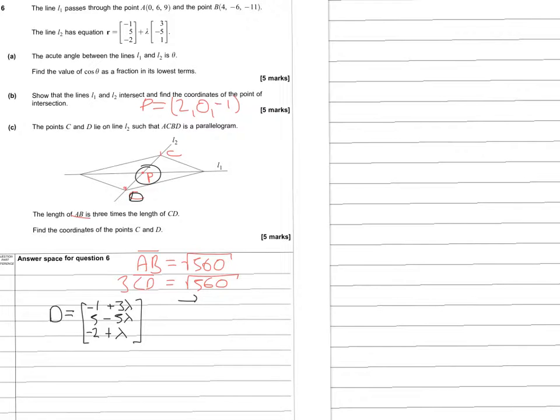So PD is equal to (-1 + 3λ, 5 - 5λ, -2 + λ) minus (2, 0, -1), which is going to give me (-1 - 2 = -3 + 3λ, 5 - 5λ, and -2 + 1 = -1 + λ).